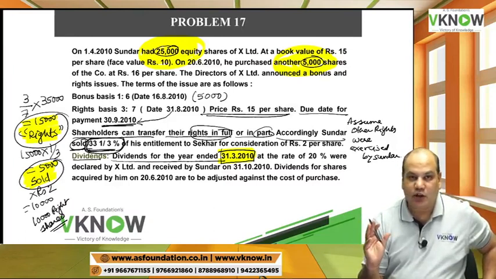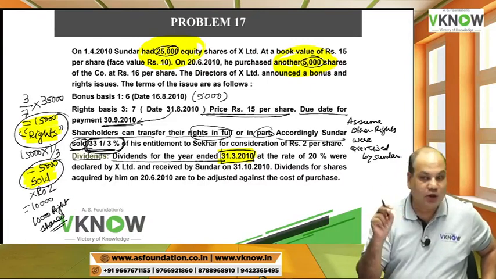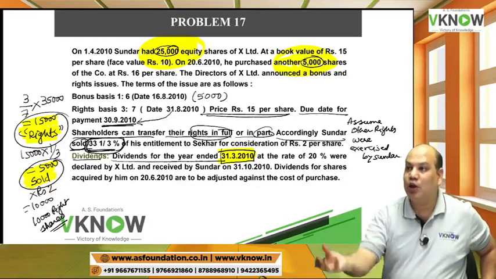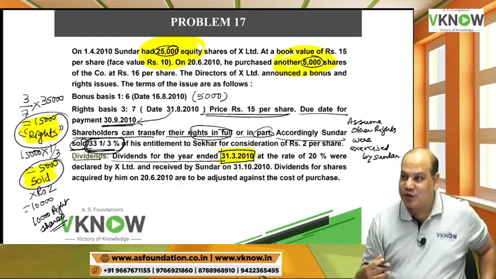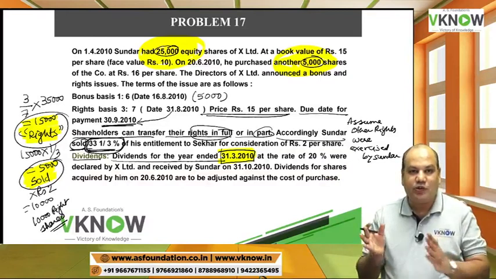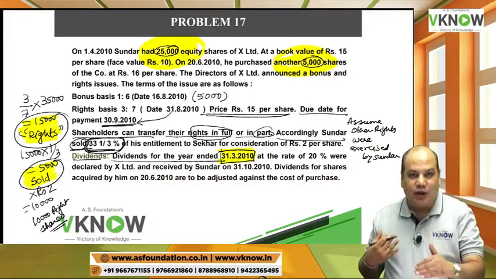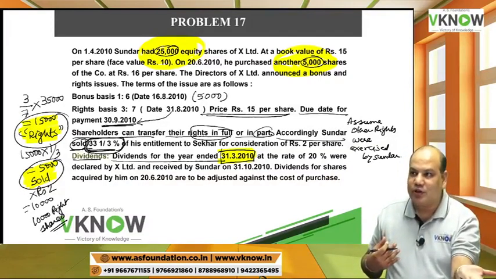On 25,000, the dividend received is out of post-acquisition profit. On 5,000 shares, the dividend received will be out of pre-acquisition profit because he purchased the shares in the current year. Dividend relates to the previous year.